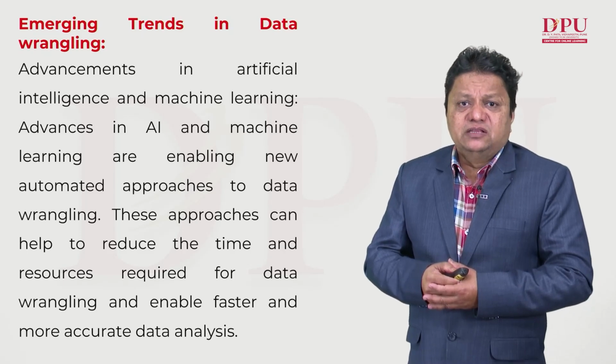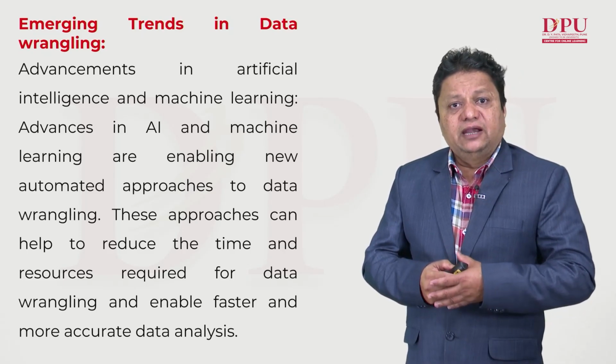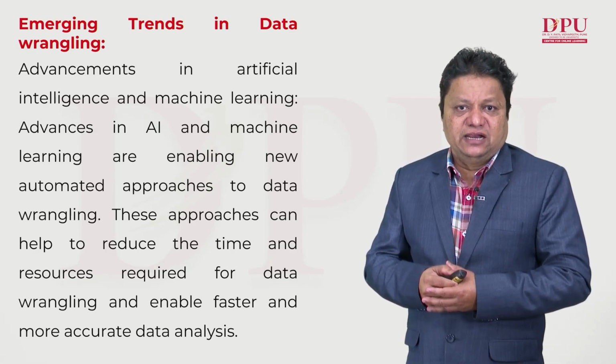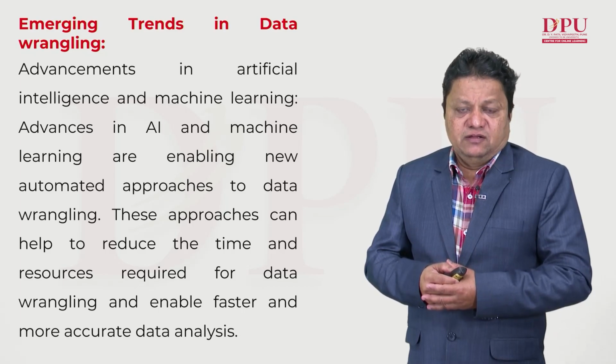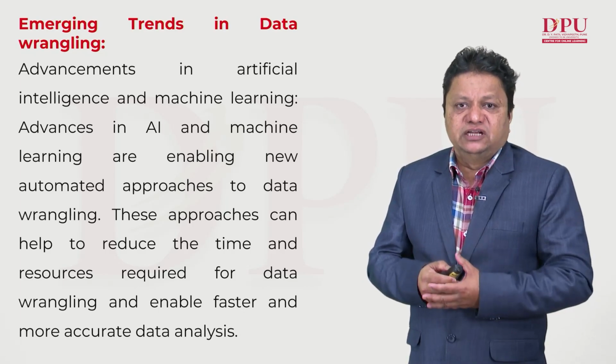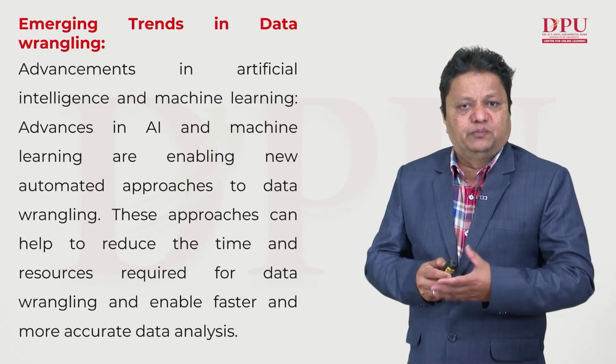So, advanced machine learning and AI tools are enabling new approaches to data wrangling, resulting in a faster data wrangling process and reducing the time and the resources used to perform data wrangling.